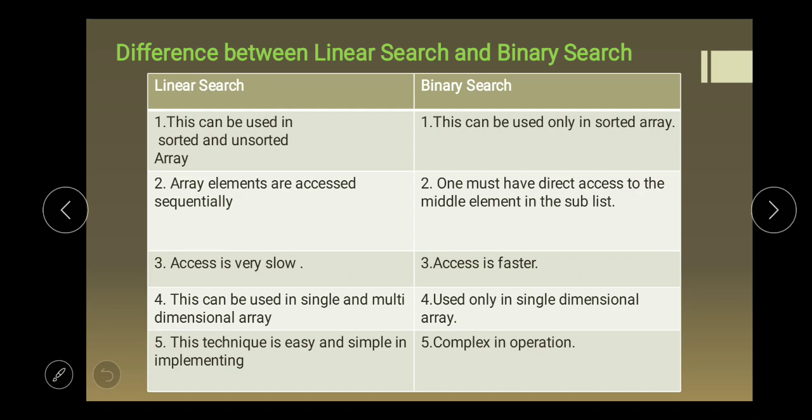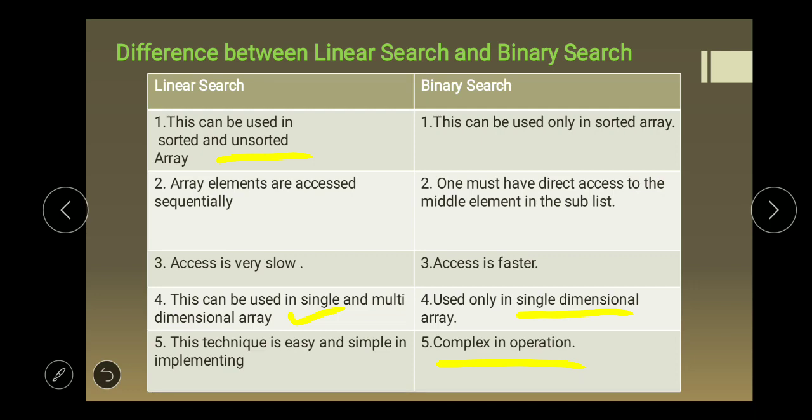And the fourth point is linear search can be used in single and multi-dimensional arrays, both, but binary search is used only in single dimensional arrays. Fifth, linear search is easy and simple to implement, and binary search is complex in operation. Here we can apply linear search on both sorted and unsorted arrays.